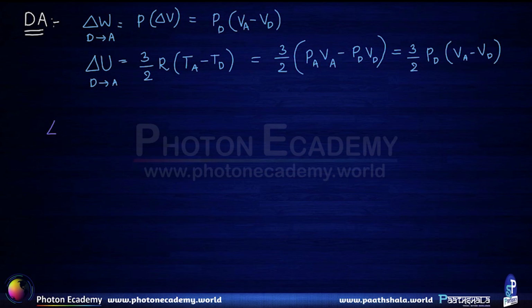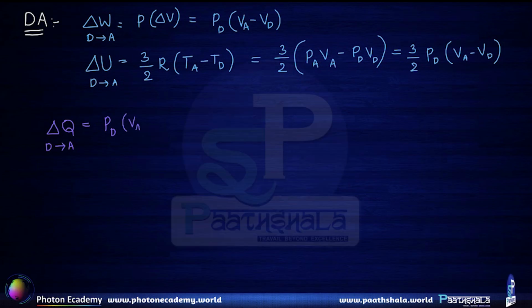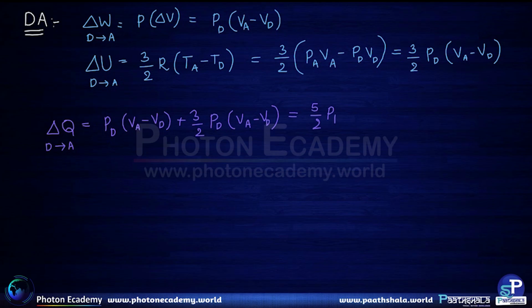So delta Q from D to A becomes the sum of the work done and the change in internal energy, which is PD (VA minus VD) plus 3/2 PD (VA minus VD), which is equal to 5/2 PD (VA minus VD). So this is the value of heat exchanged in the path going from D to A.